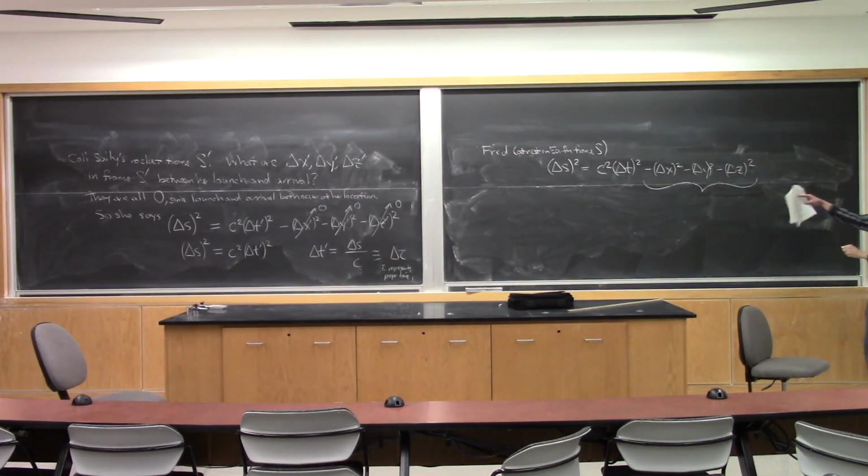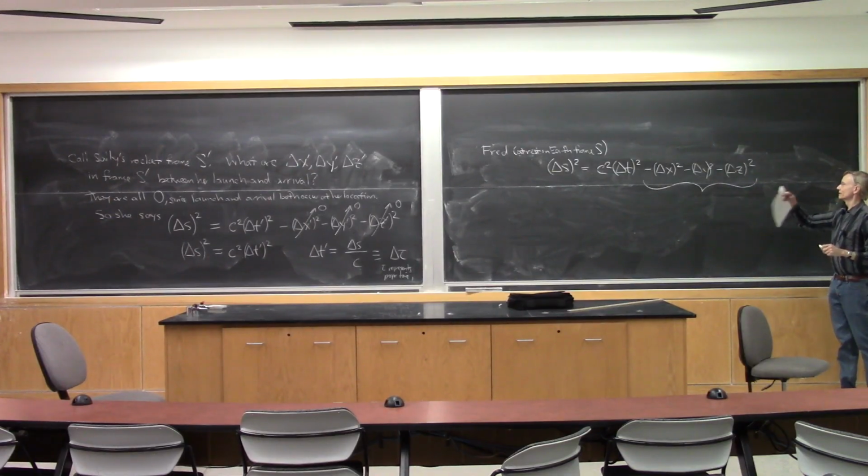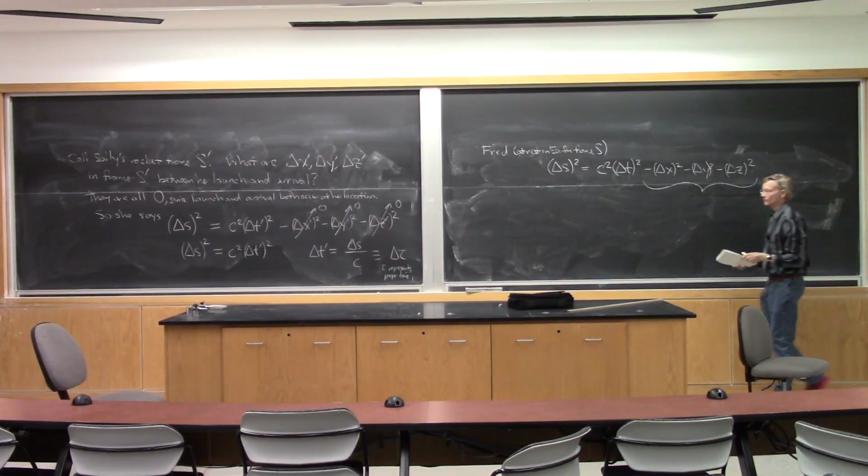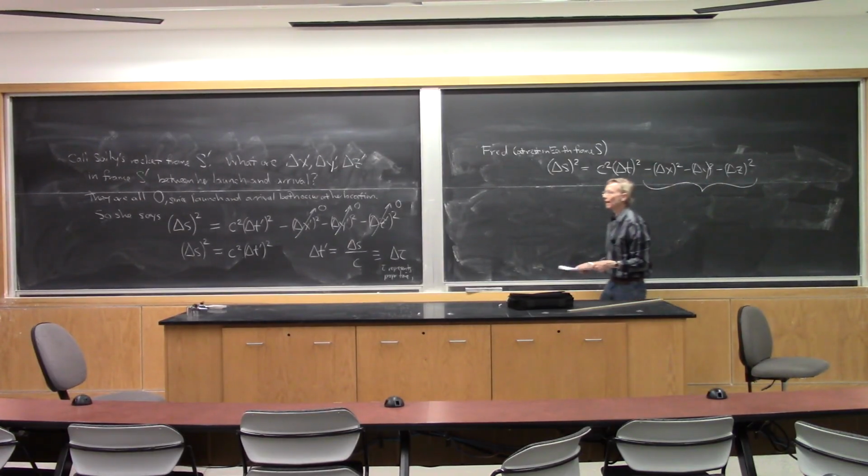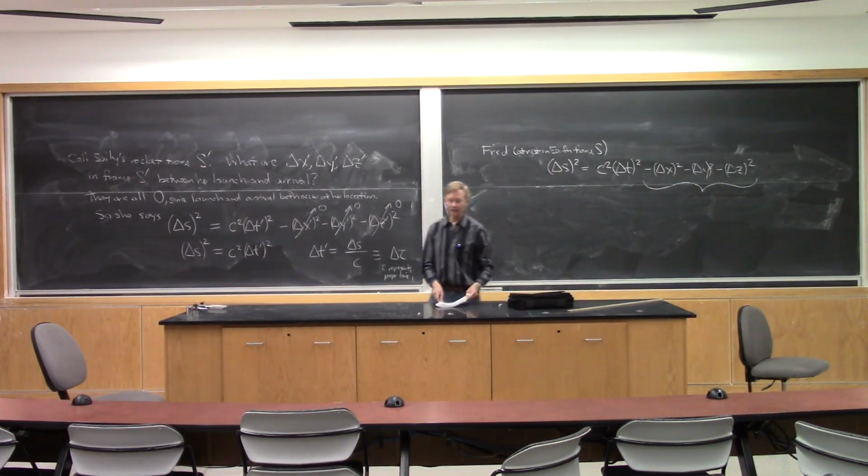What's all this according to Fred? What is minus delta x squared minus delta y squared minus delta z squared? Or put another way, what is minus the quantity delta x squared plus delta y squared plus delta z squared for Fred between Sally's departure and her arrival? What's that?